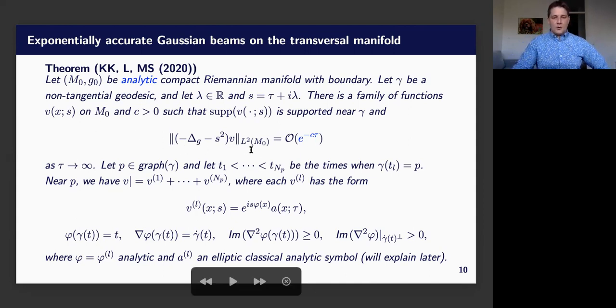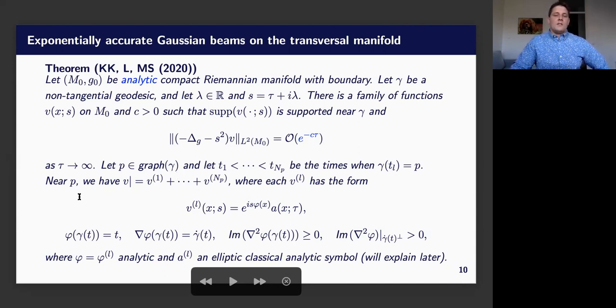The L2 norm on this transversal manifold of minus Laplacian minus s squared is not completely zero, but it's exponentially small. Note that if this were zero, then v would be an exact eigenfunction. Since it's only small, we call it an approximate eigenfunction.